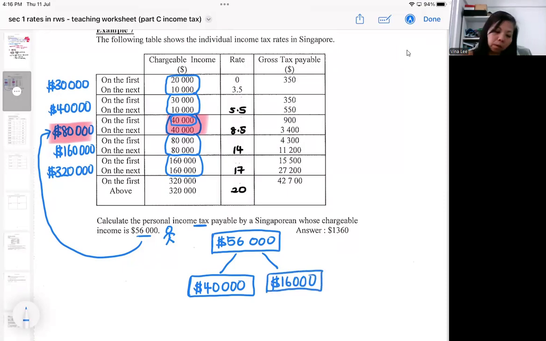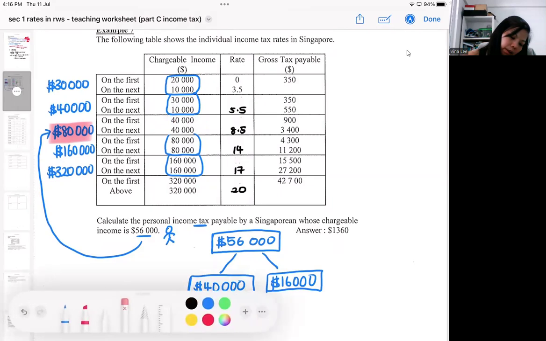Okay, so he is going into the 80,000 bracket, and the 80,000 bracket says that you will split into two baskets. The first basket is 40,000.